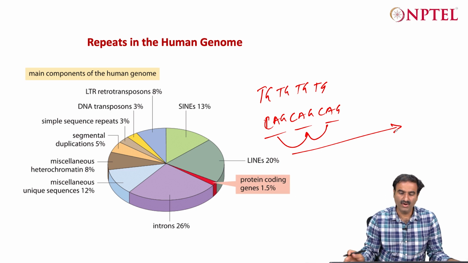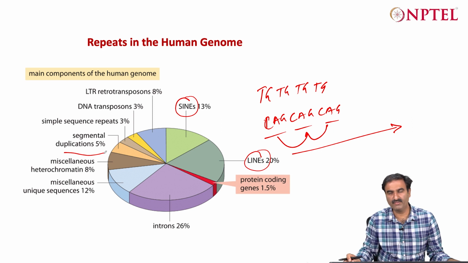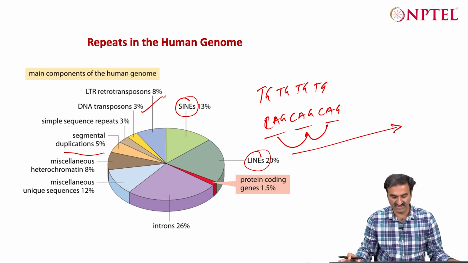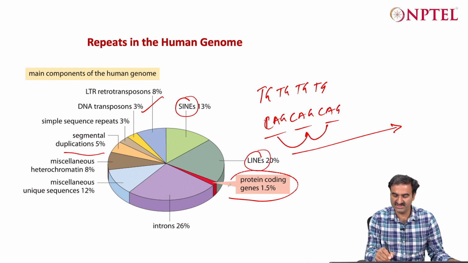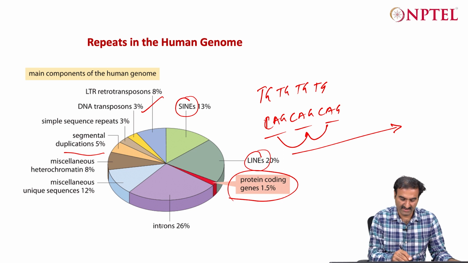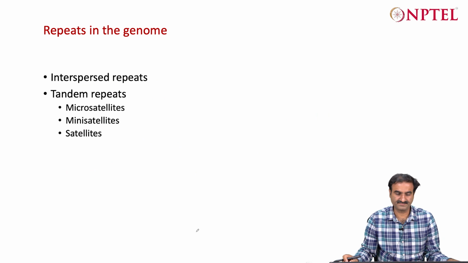Or there could be complex repeats like SINEs, LINEs, or major segmental duplications, long regions of chromosome which are duplicated, and transposons. All this comprises the repetitive sequences in the human genome, and only 2% of the genome is actually coding for functional proteins. The remainder, after repeats and unique regions, is the intronic region, which is present in the genes but is not part of the coding regions.